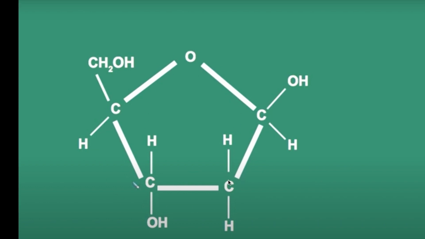It's a 5-carbon sugar. DNA, deoxyribose. So that immediately suggests that there's something to do with the removal of an oxygen, and that is a profound difference between DNA and RNA.